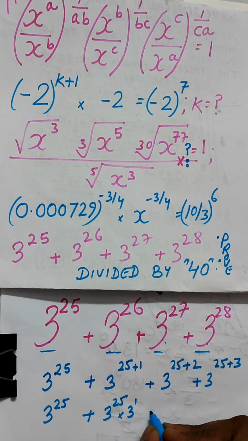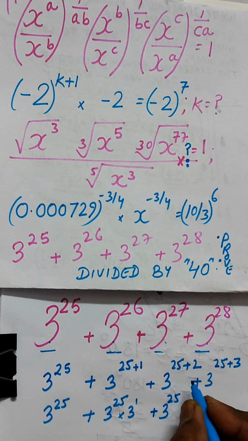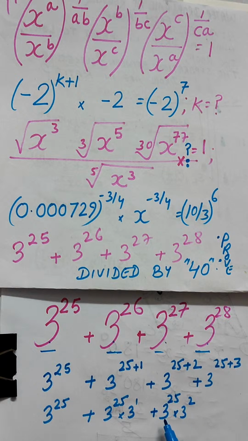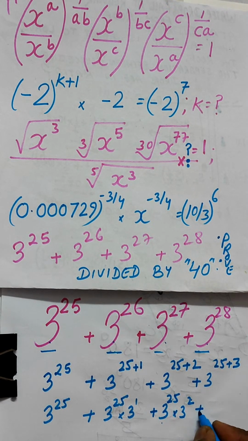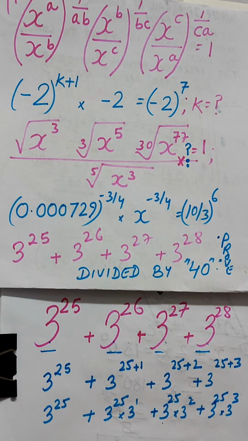The third term can be written similarly as 3 power 25 into 3 power 2, because when we multiply, the exponents are added. Similarly, the last term will be 3 power 25 into 3 power 3.